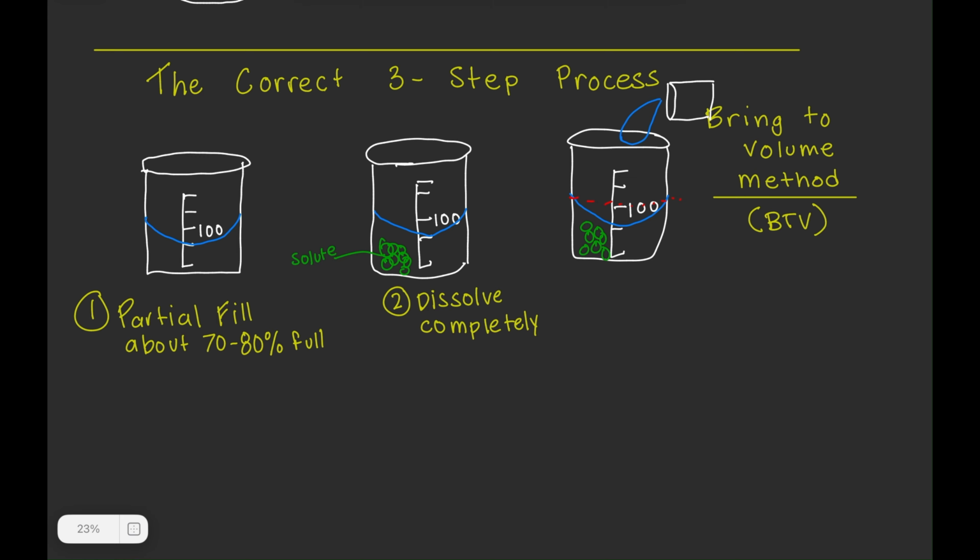So step three is that we're bringing it to volume until the meniscus perfectly touches that target line. And so we'll say that that is our target line in red.